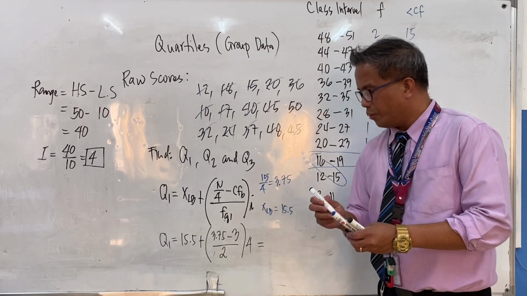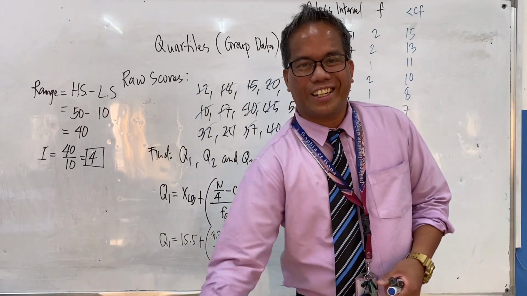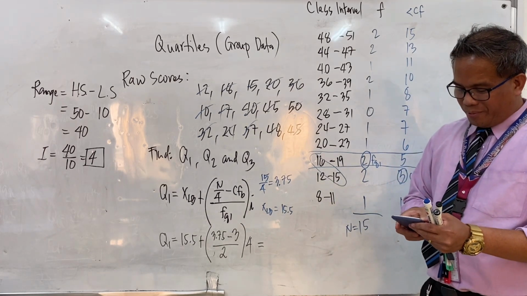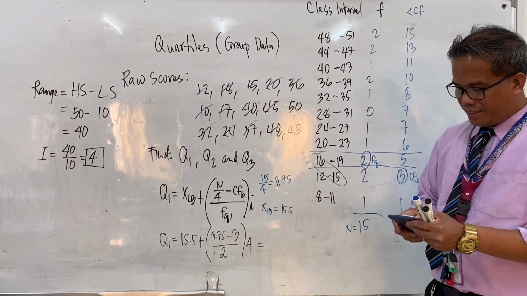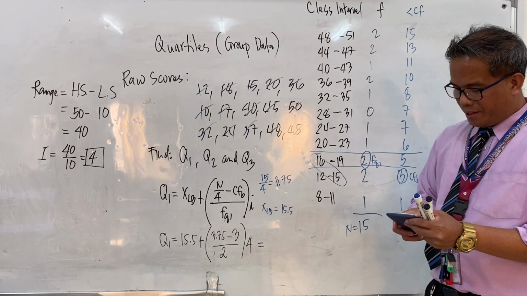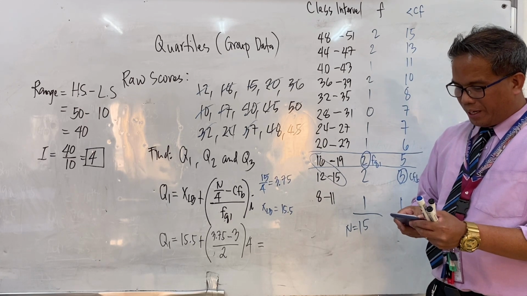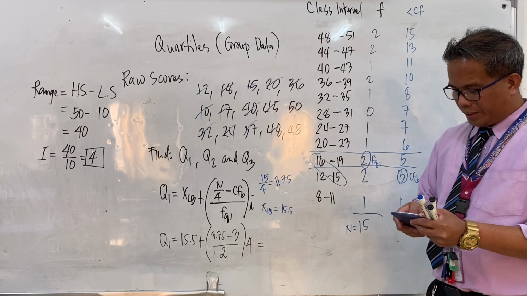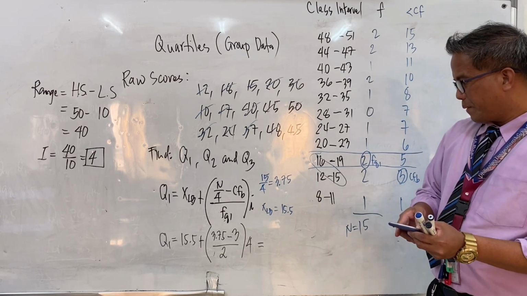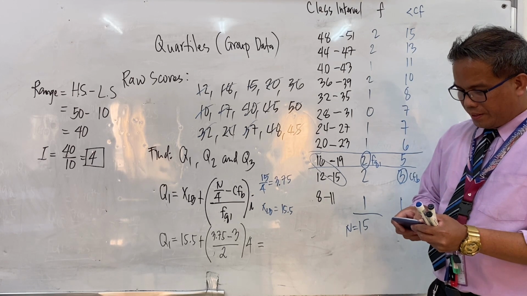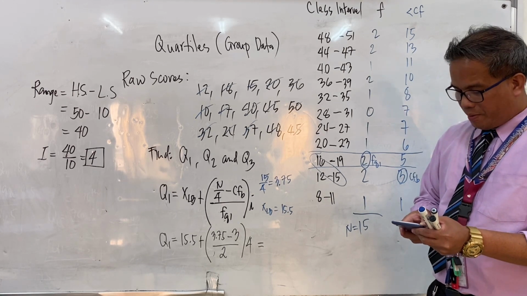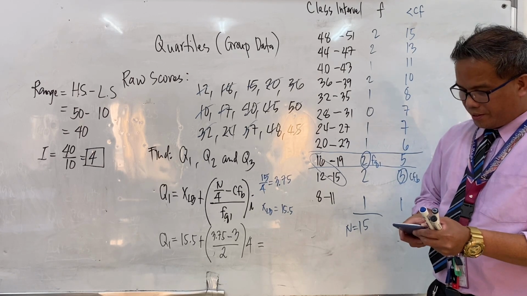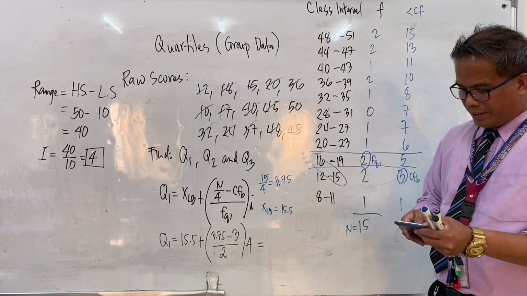Then is equals to, use the calculator again. Okay, so 15.5 plus 3.75 minus 3, then divided by 2 times 4 equals.